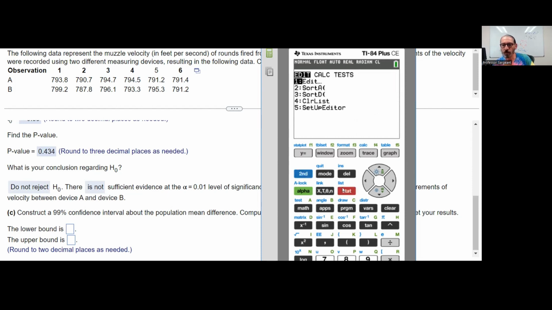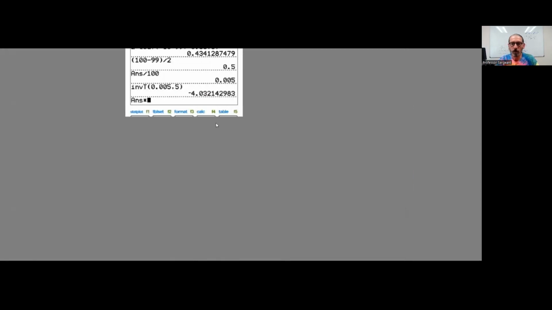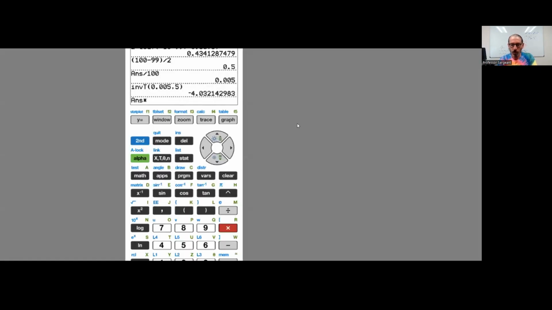So my lower bound would be from the mean of list 3 minus the, here, let's do this. Let's change the sign of that. Okay, hold on. Okay, so absolute value, we're doing this to change the sign.